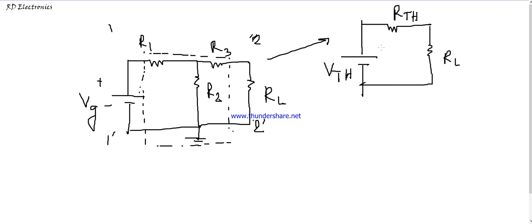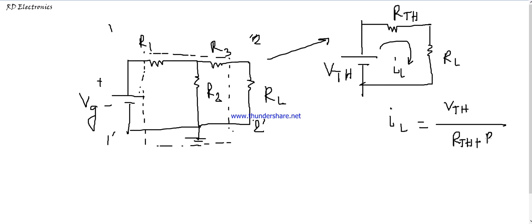And after converting to this Thevenin equivalent circuit, we measure the load current IL. So what is the value of IL? This is a very simple equation: IL equals VTH divided by RTH plus RL. RL here means load resistance.